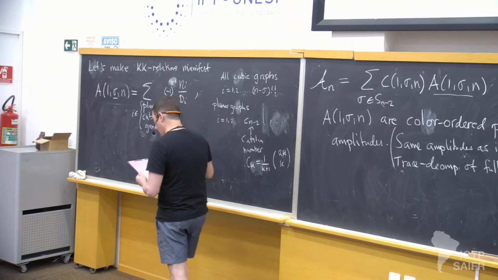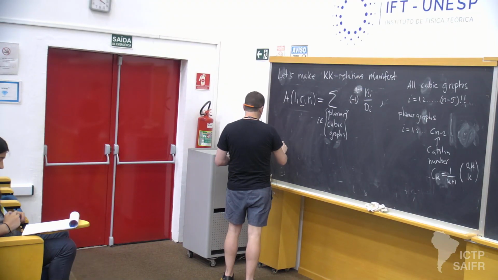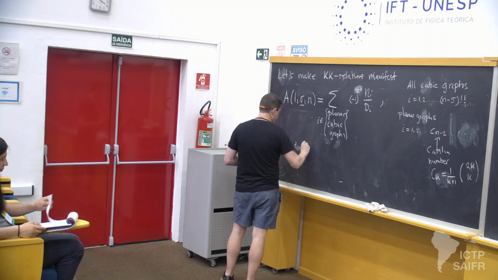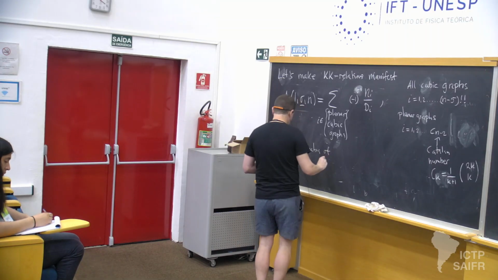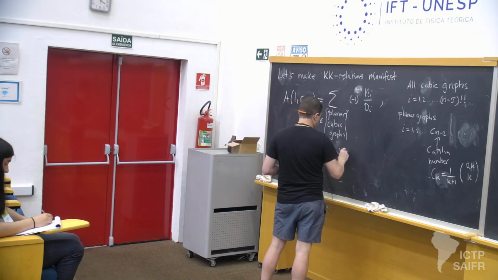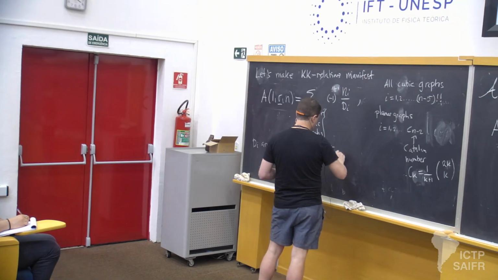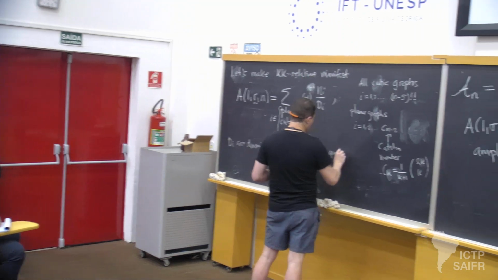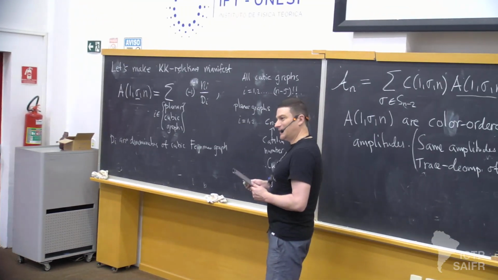Let's try to explain what I'm doing here. So the di are denominators of cubic Feynman graphs. David, in his lecture, made a distinction between diagram and integral.